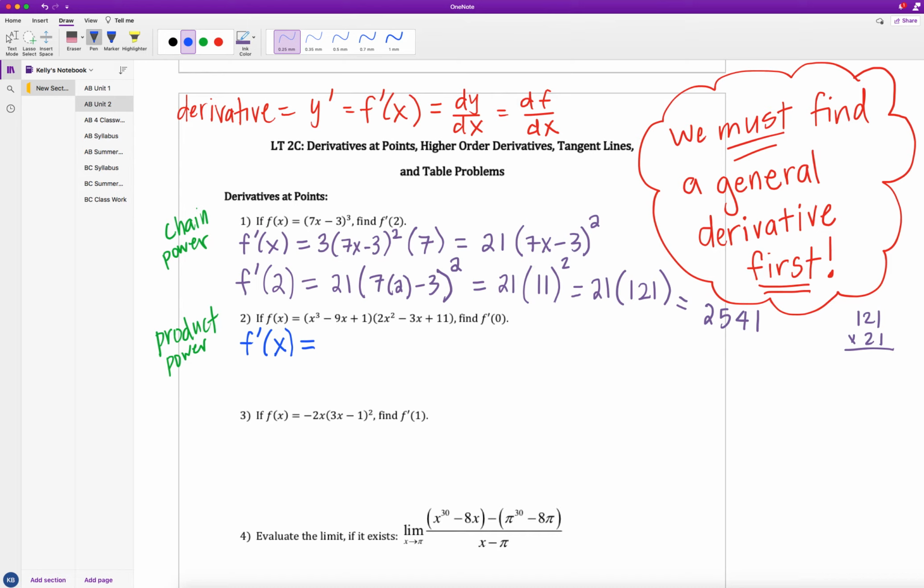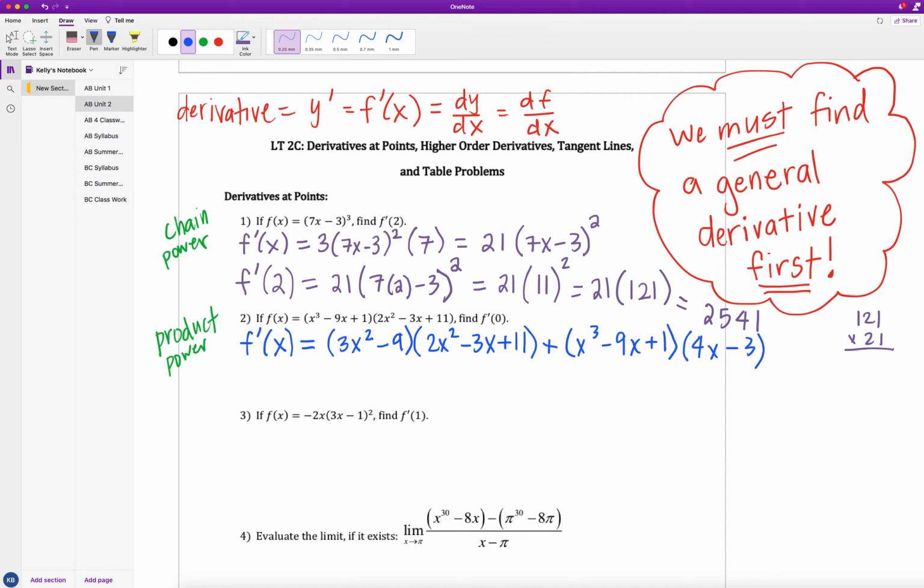The product rule says I take the derivative of the first term, or the first product. So the derivative of x cubed minus 9x plus 1 would be 3x squared minus 9. That's the derivative of the first function, times, keep the second function the same, plus keep the first function the same, so the x cubed, I'm going to rewrite that entire thing, times the derivative of the second function, which would be 4x minus 3.